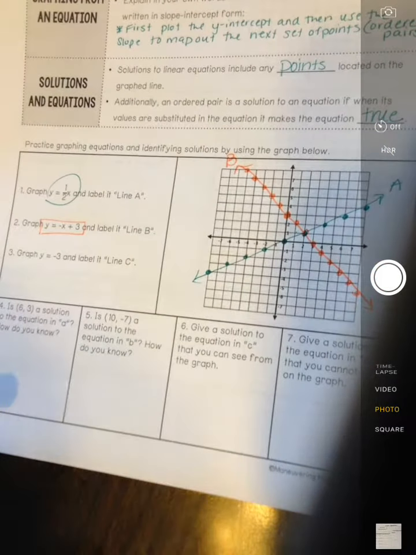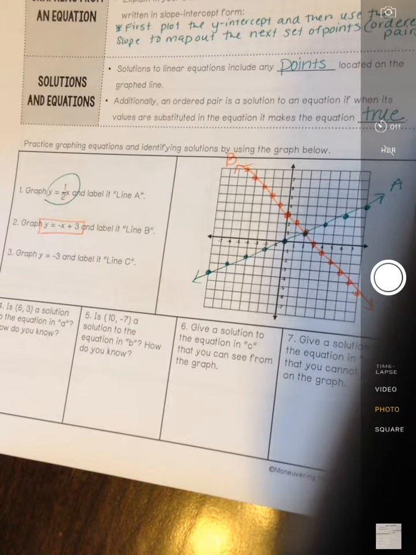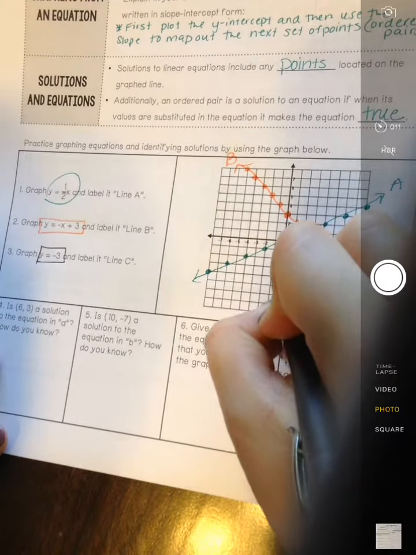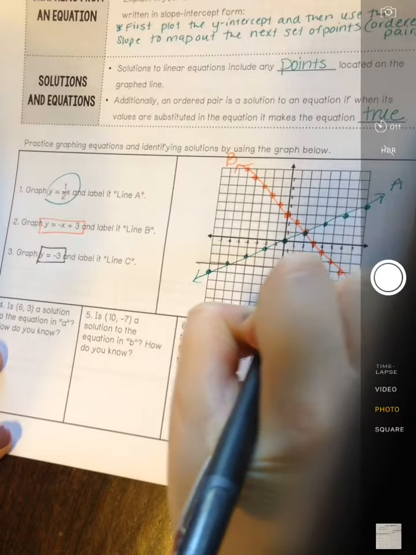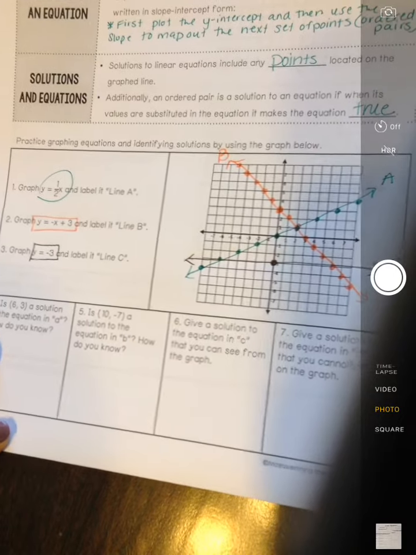And don't forget to label it B. Last one is y equals negative 3. So that means that this is going to be a horizontal line with 0 slope, and label it C.